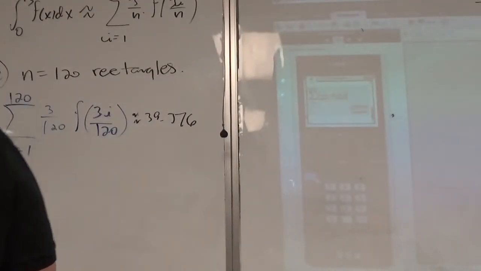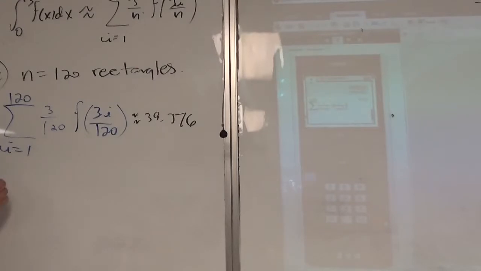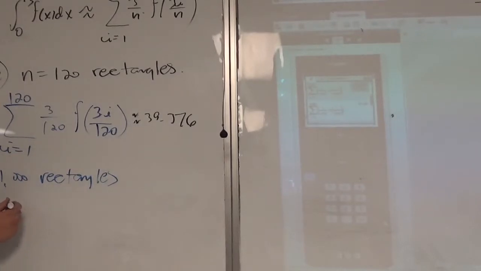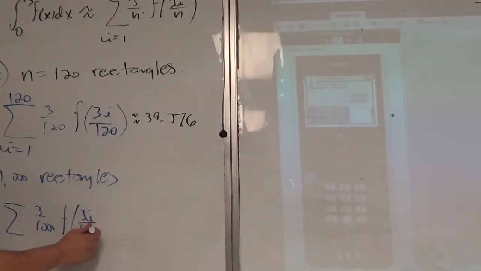Okay. Part F, 1,000 rectangles. With 1,000 rectangles, each one has a width of 3 over 1,000. And then I evaluate f of 3i over 1,000 from 1 to 1,000.